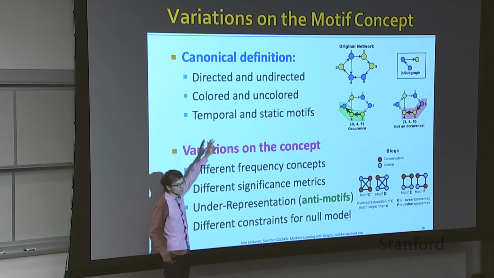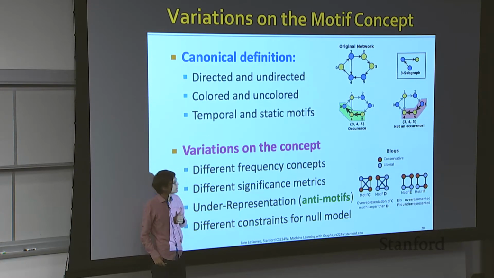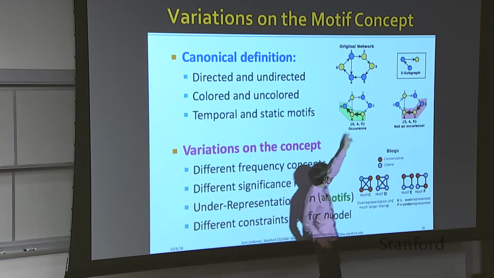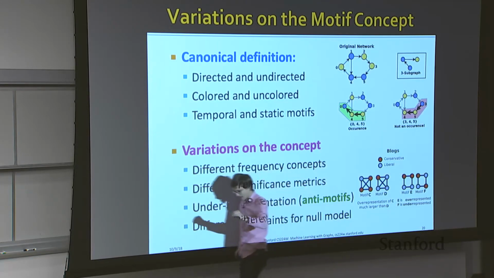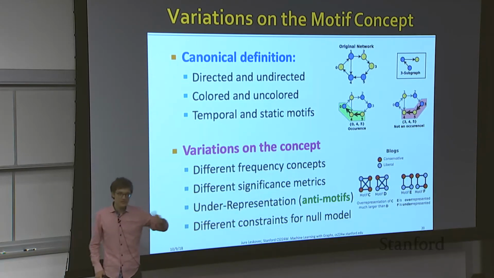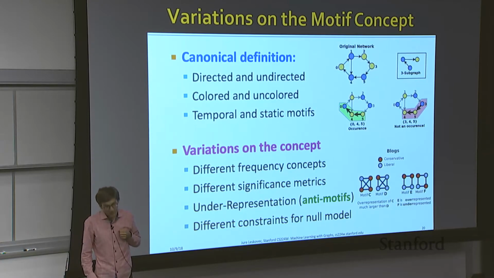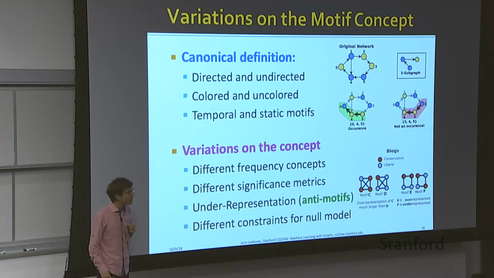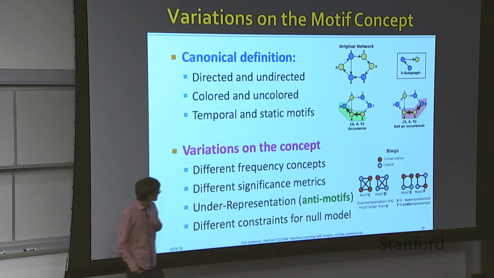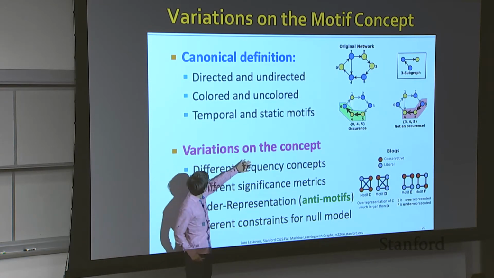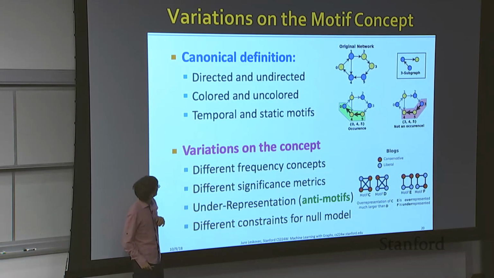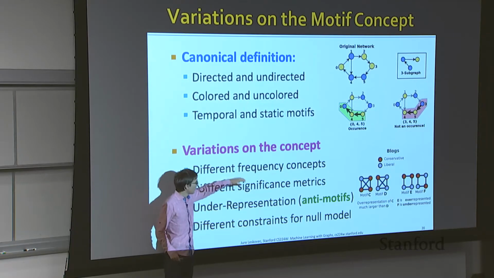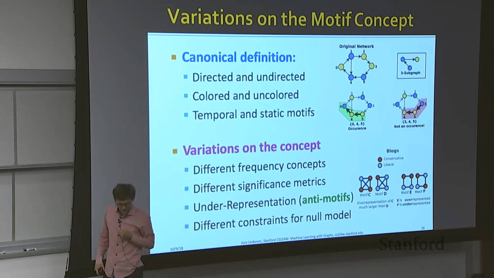You can also think about temporal motifs, where edges may have times associated with them, and now a motif is defined as a sequence that occurs in a given time interval. You can think about variations of this concept in terms of how we capture the notion of frequency.